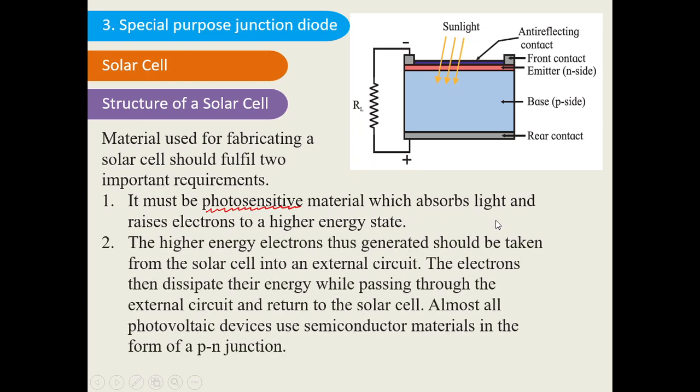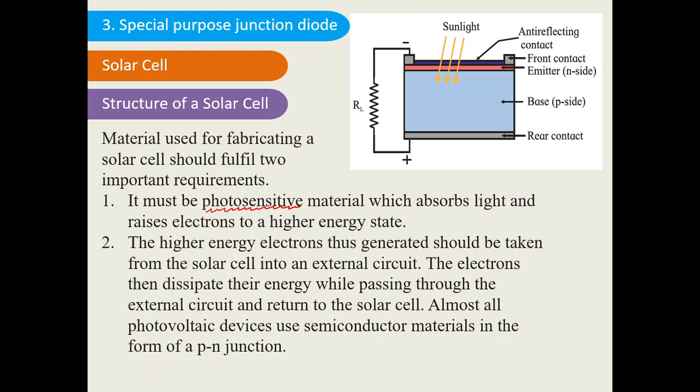The next requirement is that the higher energy electrons thus generated should be taken from the solar cell into the external circuit. Why? Because there can be a chance that an electron generated inside the solar cell will recombine with a hole, and then no current will flow to the external circuit.